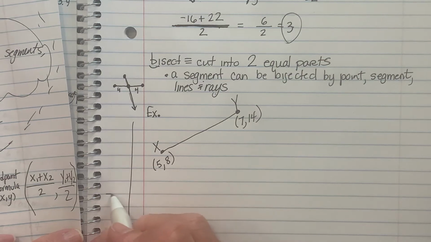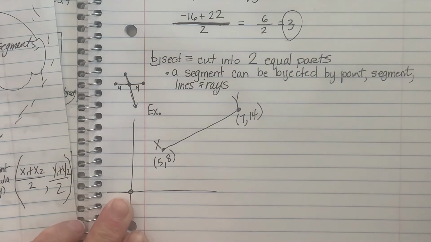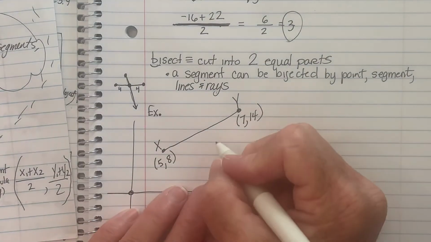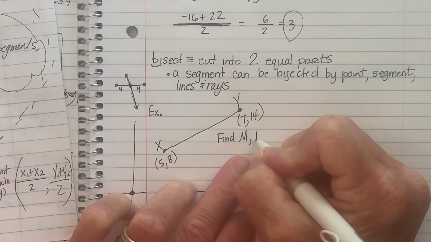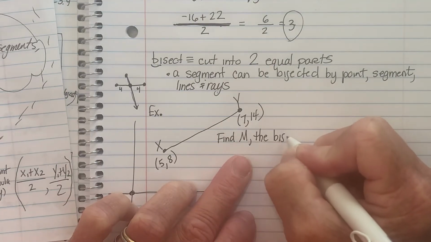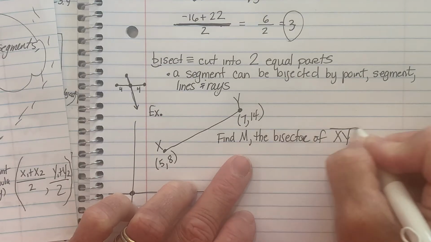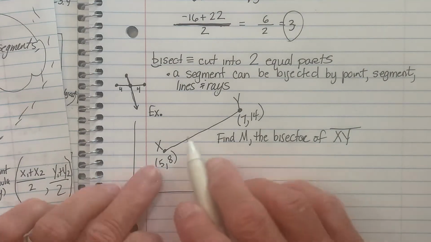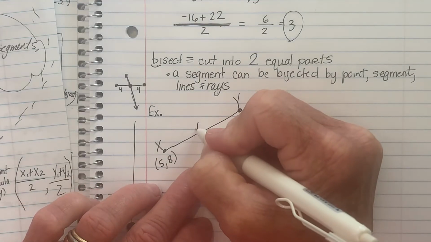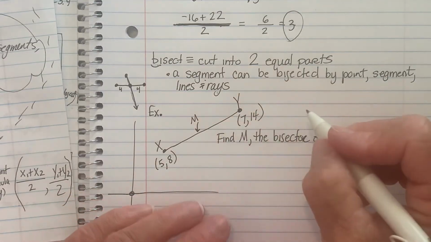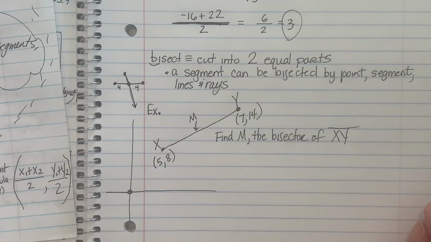Okay, so this would be the coordinate plane, and here would be our origin, 0, 0, something to that effect. Let's find M, which is the bisector of XY. Well, M is a point, and if M is going to be the bisector of this segment, then M is actually going to be the midpoint of this segment because it'll be sitting at the halfway point.